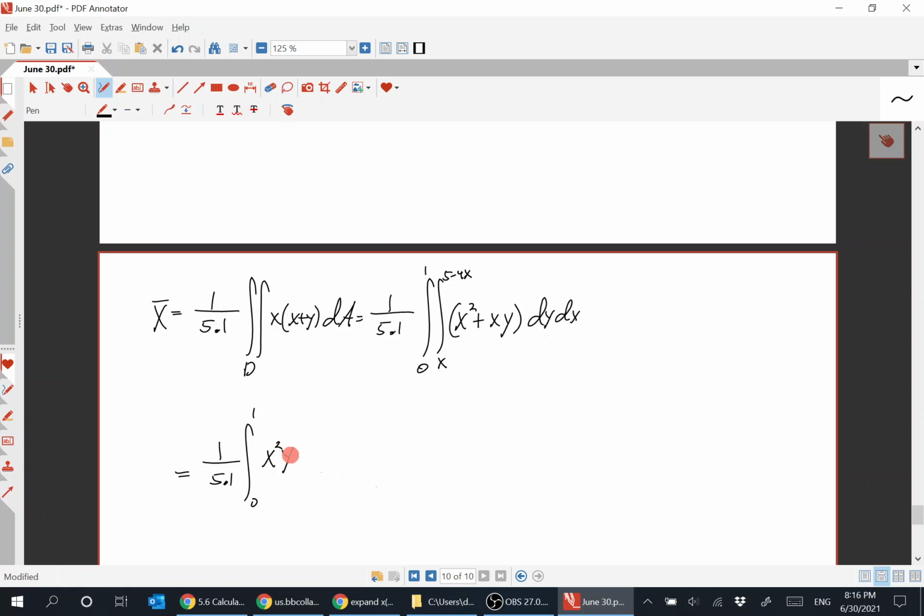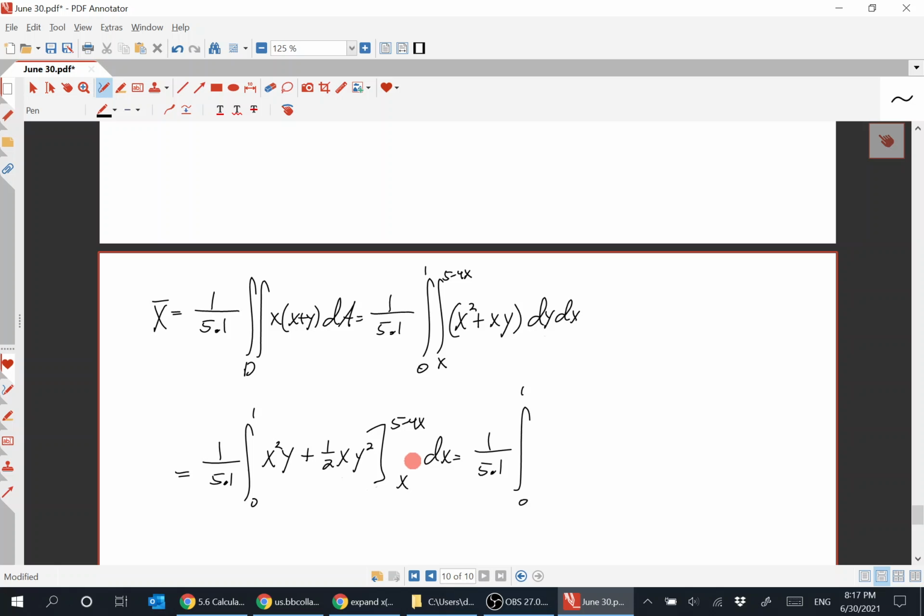X squared y plus 1/2 x y squared from x to 5 minus 4x for y dx. So 1 over 5.1, integral from 0 to 1.